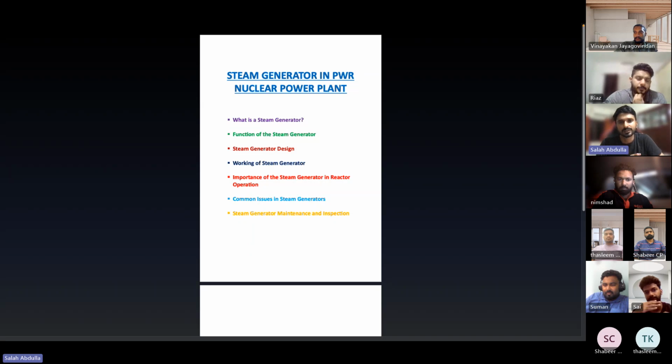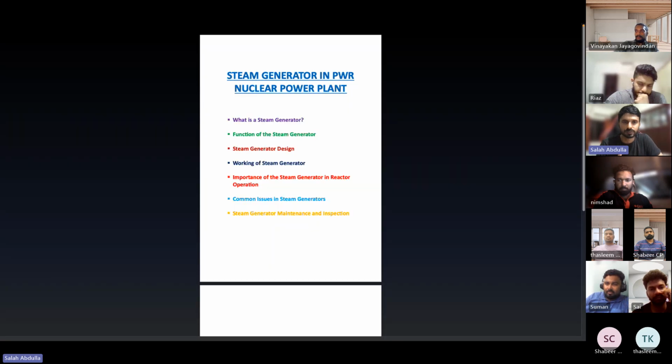The steam generator ensures stable flow dynamics in both the primary and secondary circuits, so we can maintain proper output with safety. So these are the four main functions: heat transfer, steam production, acting as a pressure boundary between the primary and secondary systems, and coolant flow regulation.